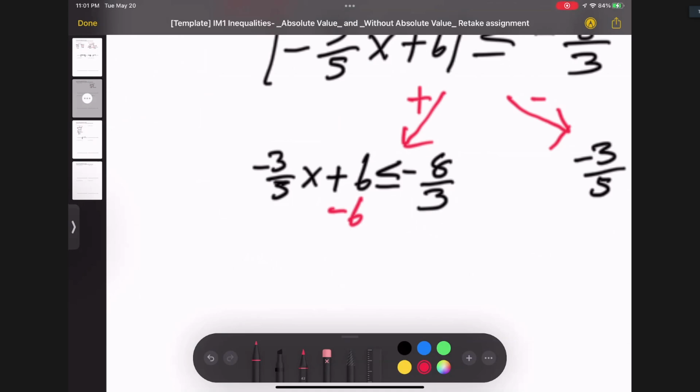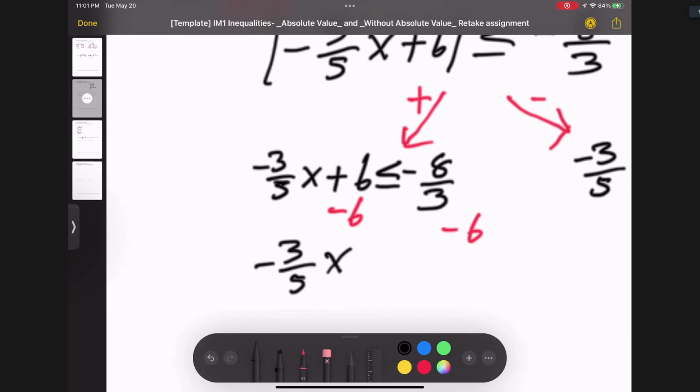So when I subtract 6 on both sides, the left side is going to be -3/5 x, and then if I were to do -8/3 minus 6, it's going to be -18/3.